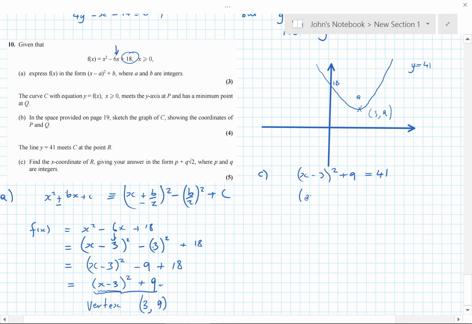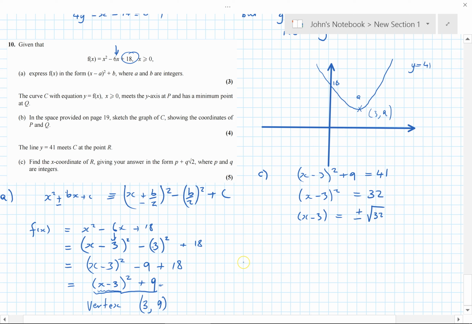So we've got x minus 3 squared is equal to 32. So x minus 3 equals plus or minus the square root of 32.